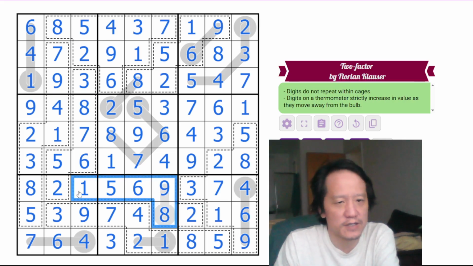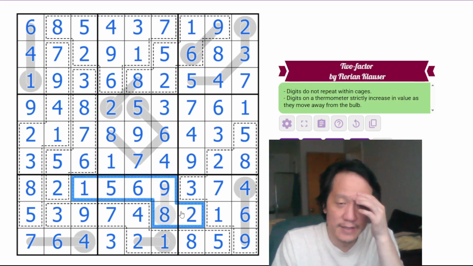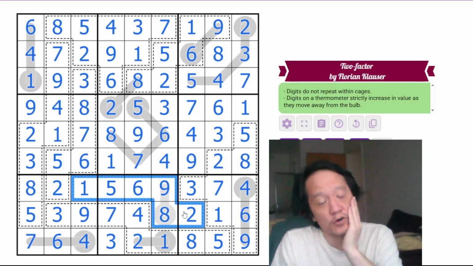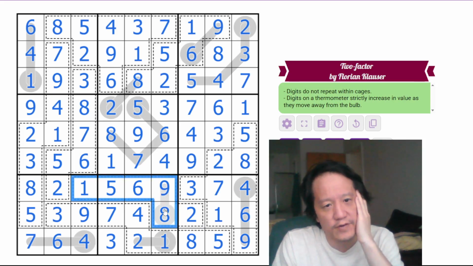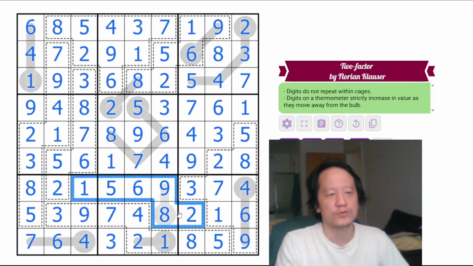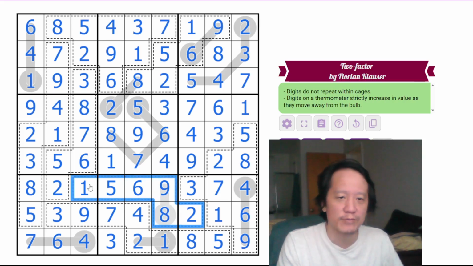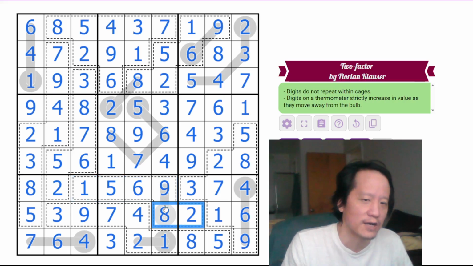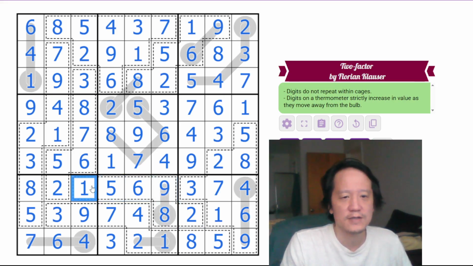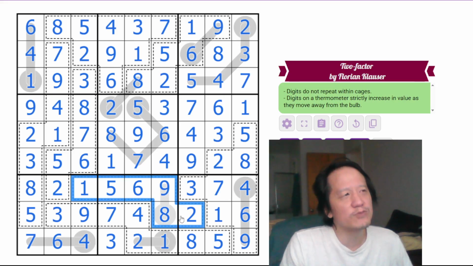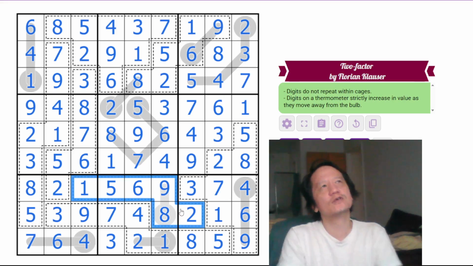Fairly logical, actually. It's not completely straightforward, but if you think about how the killer cages work, the non-repeating within cages.